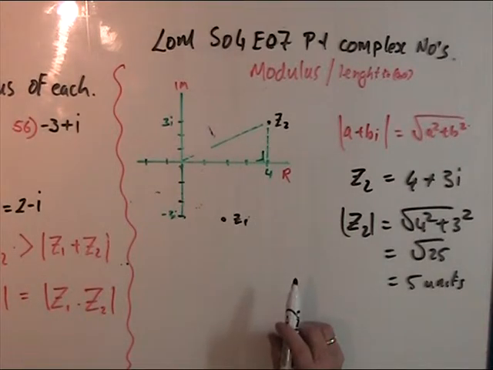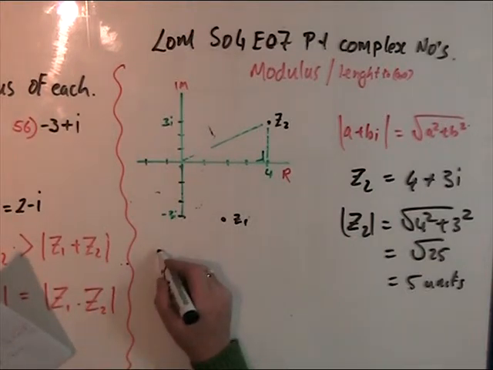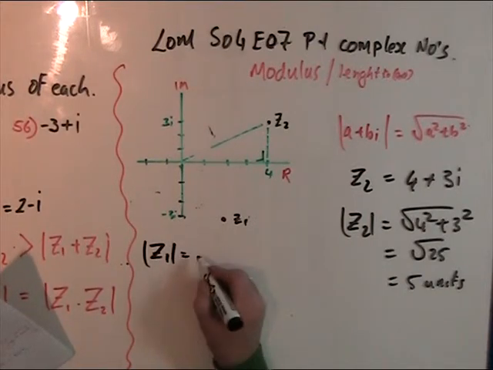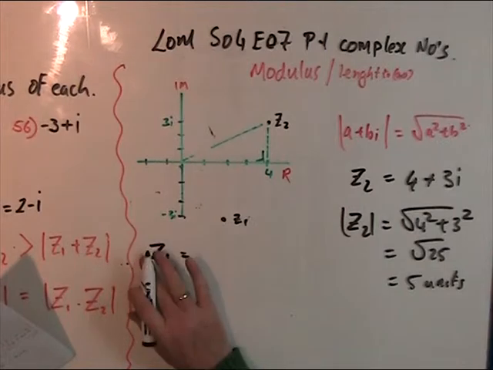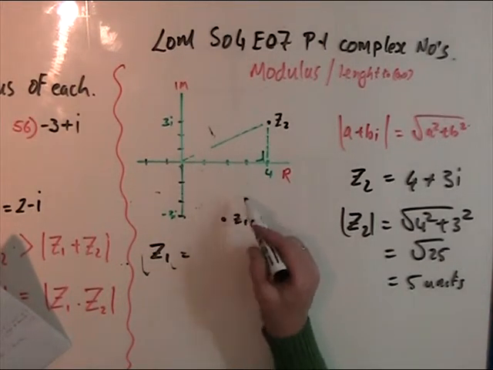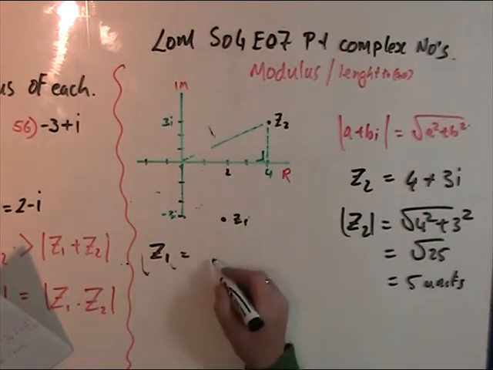Now the next part says find the length of Z1. So Z1, the point, is equal to 2 minus 3i.